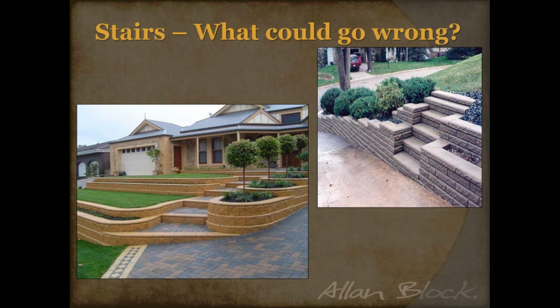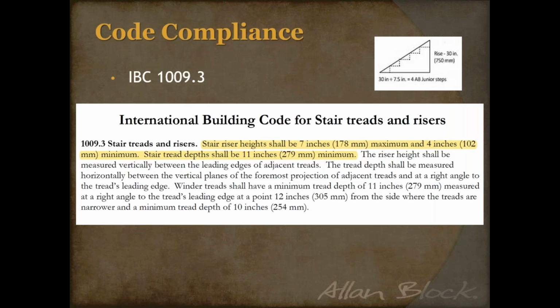Before I get into the steps, I've got to talk about the code. The International Building Code, IBC 1009.3, outlines the stair tread and riser requirements, and I've got it highlighted here. The one that's easy to meet is the stair tread depth, which is 11 inches. Most of the caps are 12 inches in depth, so that's pretty easy. It's the stair rise that we have to be conscious of.